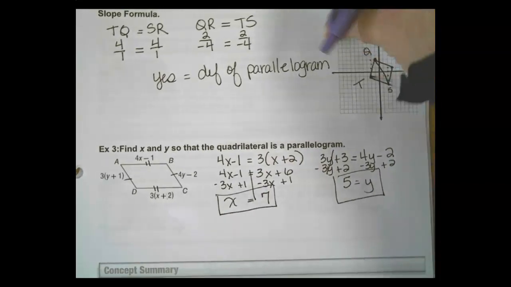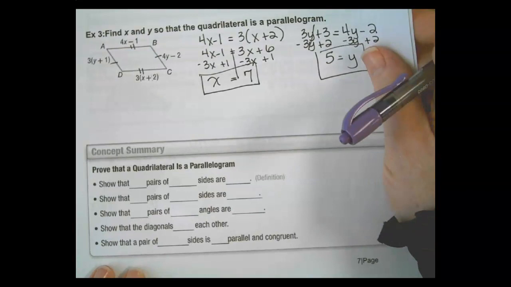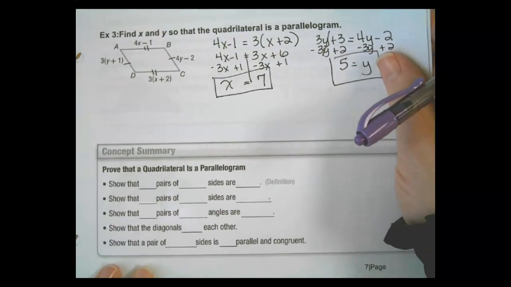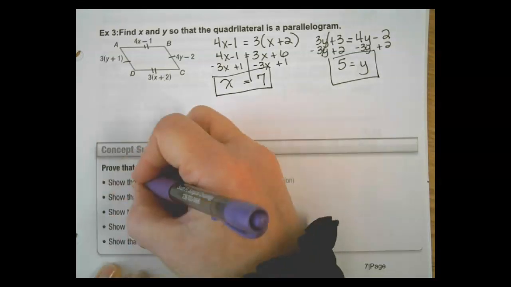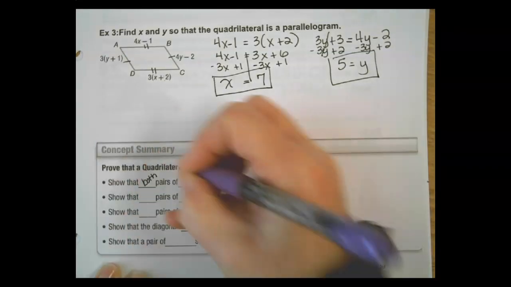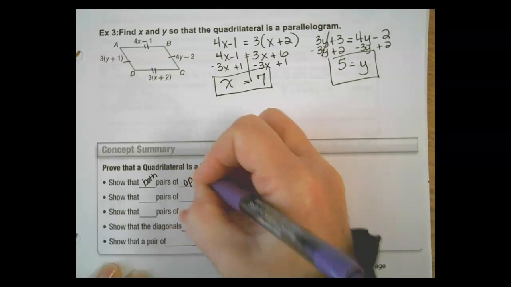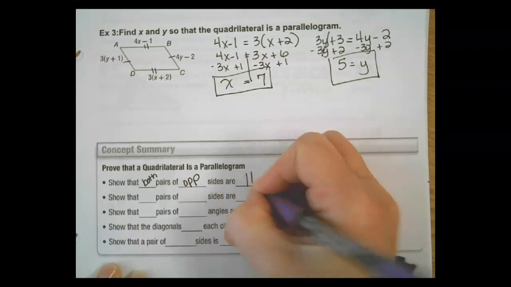Okay, so down here, this is kind of like a summary. To prove a quadrilateral is a parallelogram, show that both pairs of opposite sides are parallel.